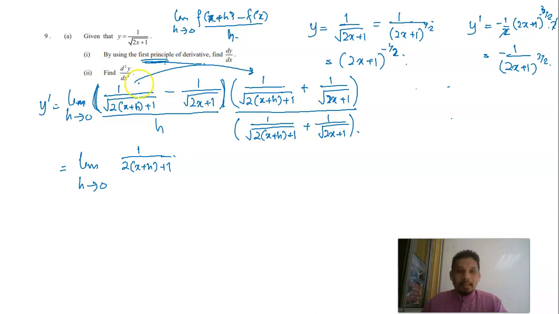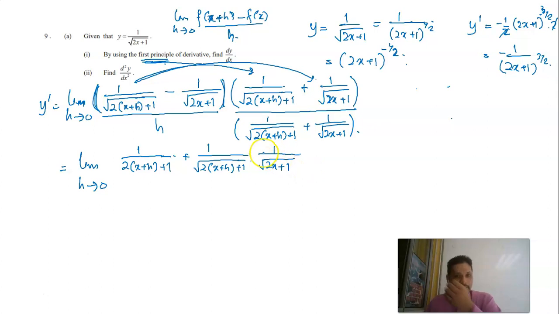Then this multiplied with this: plus 1 over the square root of 2x plus h plus 1 times 1 over the square root of 2x plus 1.